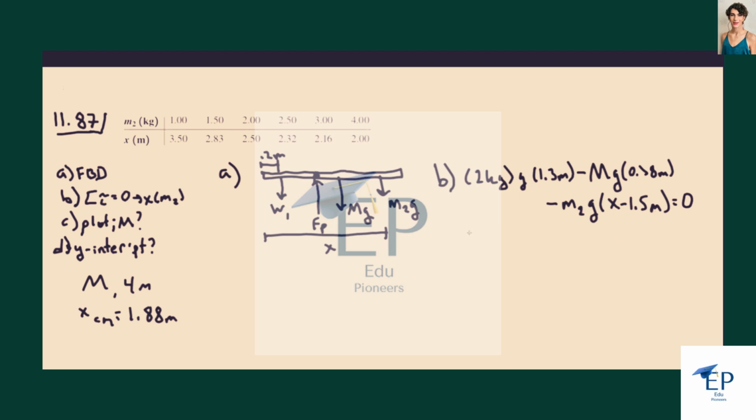And so we just solve this for x as a function of m2. It'll be a function of all these things, but the rest of them are constant.